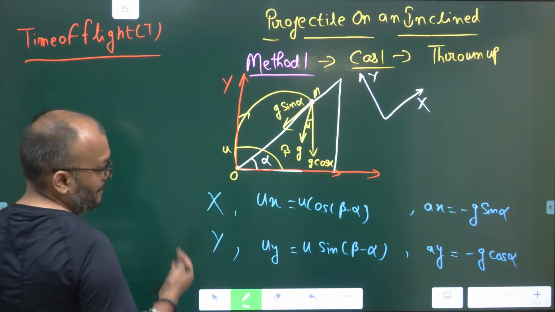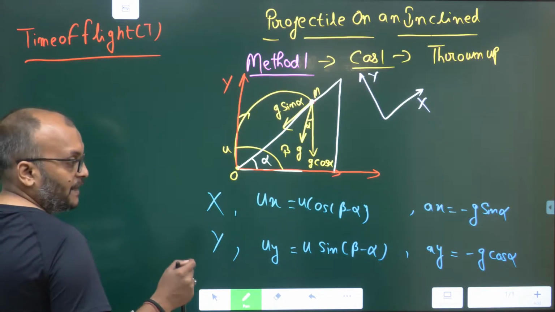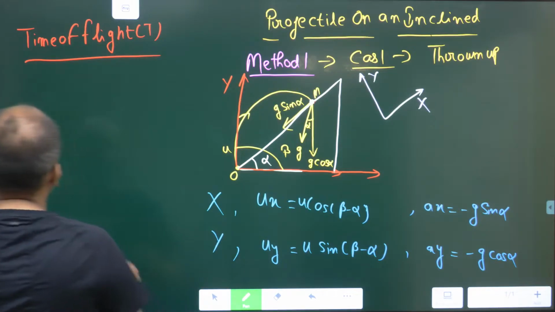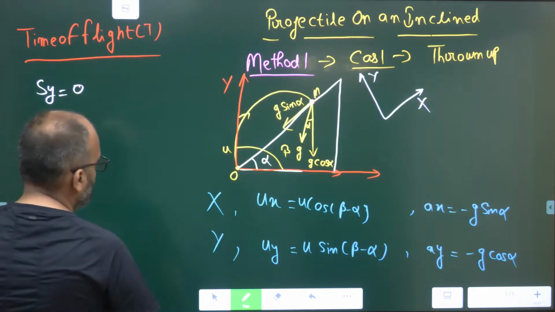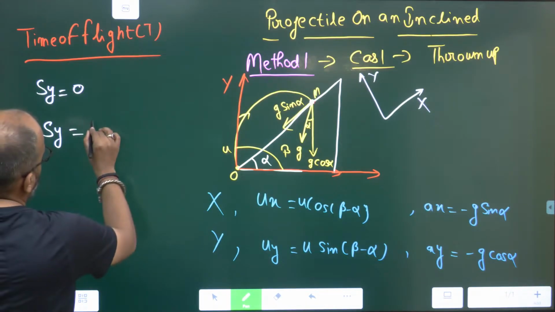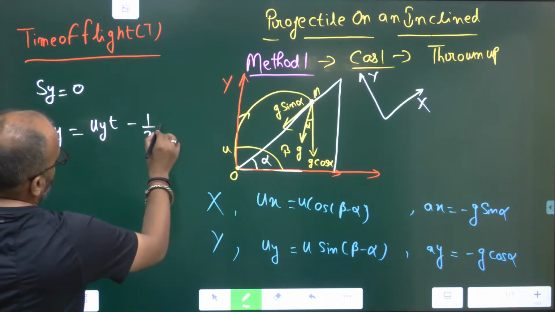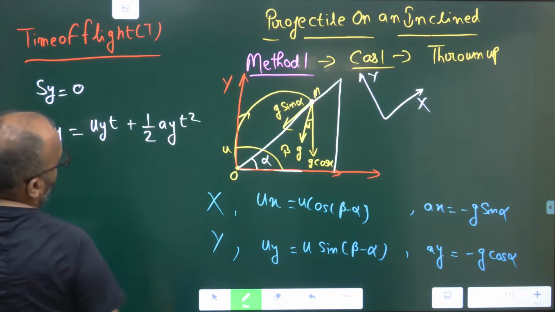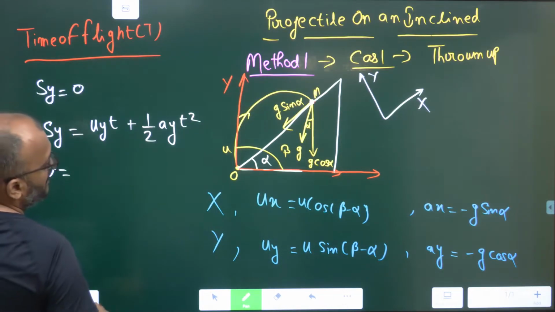We have applied the same methodology when we were doing normal projectile motion and we calculated time of flight for normal projectile. Still you are not able to answer. So Sy will be 0 and Sy is equal to uy t plus half ay t square. This is 0. What is uy t?